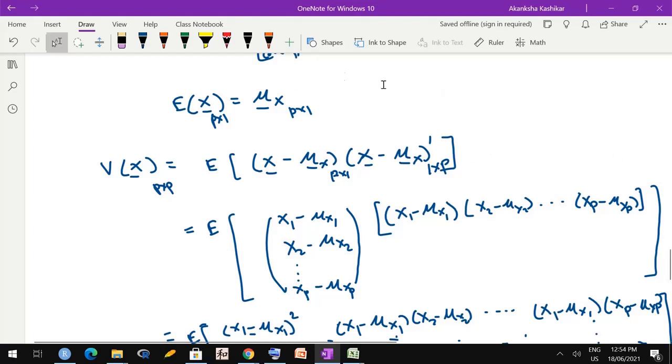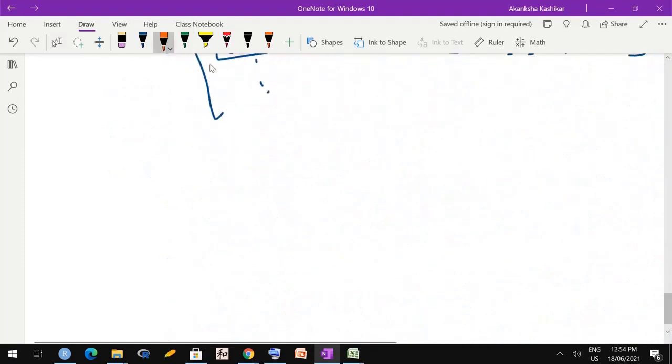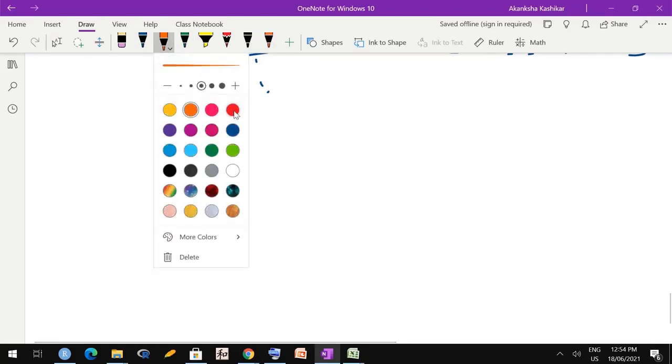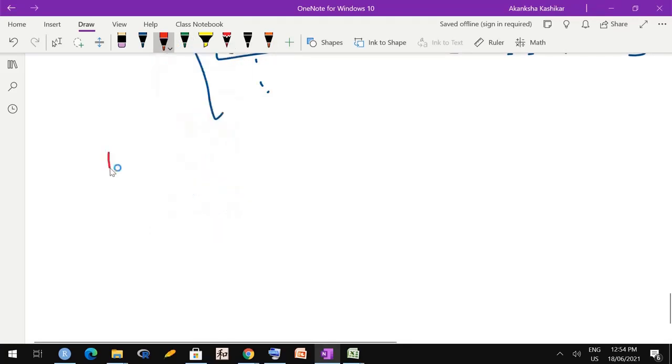Now, I have two homeworks for you. The first one was to find relationship between sample correlation and sample dispersion, and it would be exactly similar to another relationship. So the homework is finding relationship between variance covariance matrix and correlation matrix.